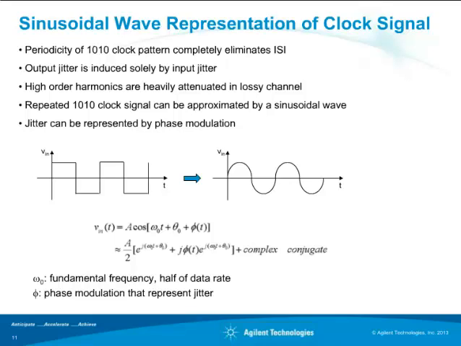In terms of how the clock jitter and data jitter interact with each other, there's no general answer to that. It all depends on how the jitter synchronizes between the data signal and the clock signal. So in some cases, they can actually cancel. Okay.